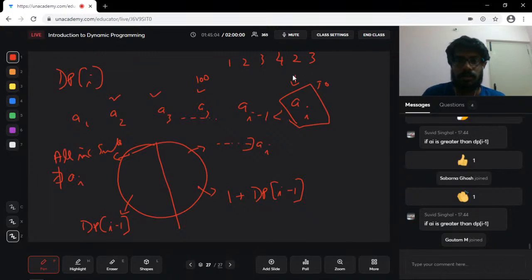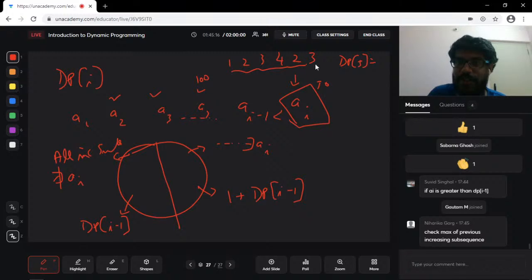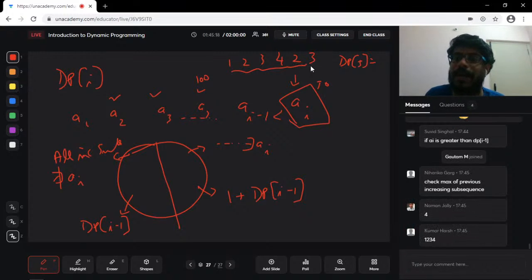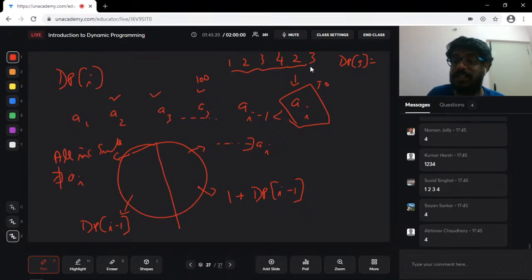Let's actually just consider this sequence. What is dp of 5 for this? In this 6 element sequence, what is dp of 5? That is, if I consider only the first 5 elements, what is the length of the longest increasing subsequence? It's 4, right? It's 1, 2, 3, 4.